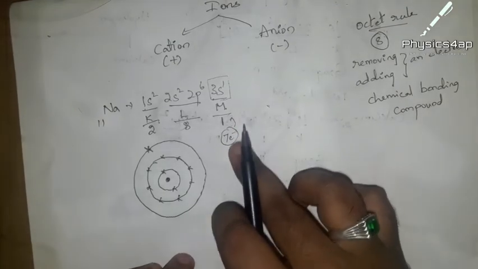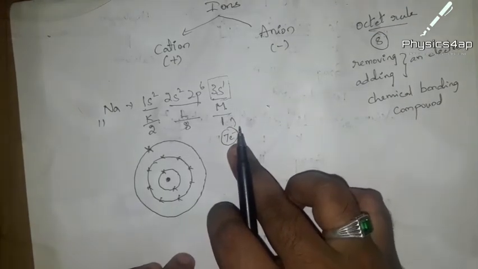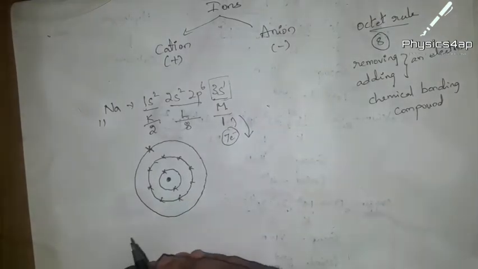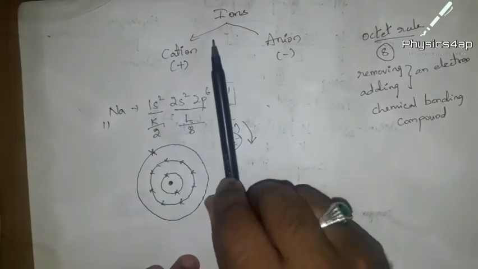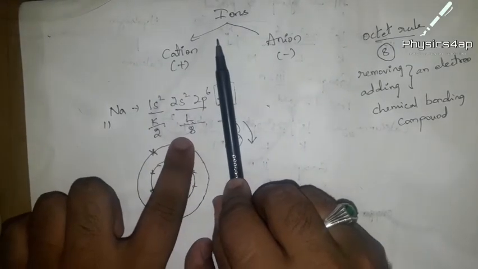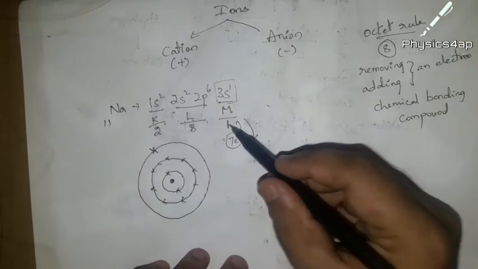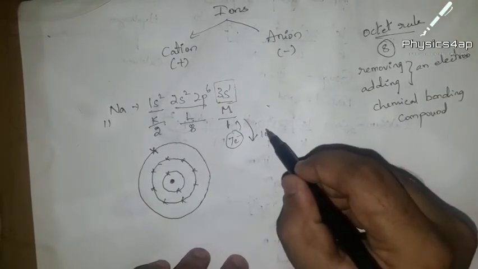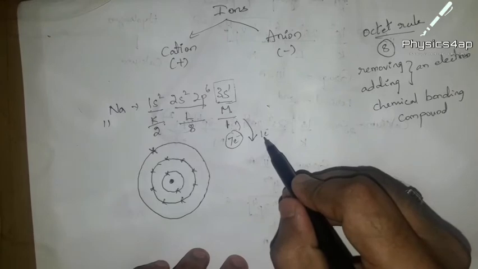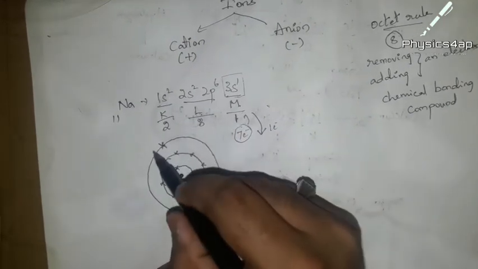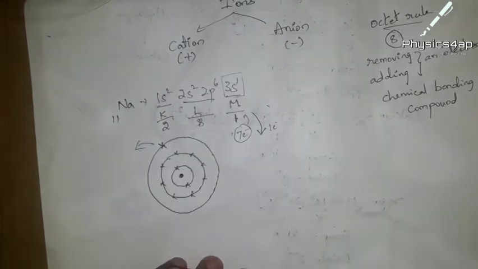But instead, if we remove this 1 electron, then automatically we will get 8 electrons in the outermost orbit. So which is easier for us, to add 7 electrons or to remove 1 electron? Yes, removing 1 electron is easier than adding 7 electrons. So we will remove 1 electron. So this 1 electron is removed.